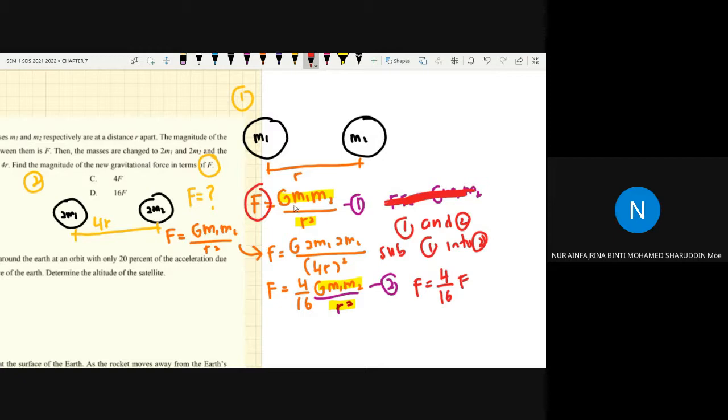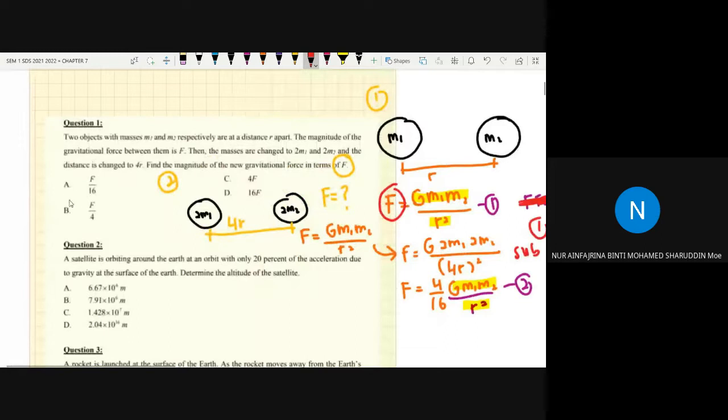Sebab Miss substitute 1 into 2. Nampak tak? F equals to GM1 M2 over R squared. And yang ini kan ada GM1 M2 over R squared. Jadi 4 divided by 16 berapa? 1 over 4. So jawapan dia adalah 1 over 4F, which is this one. Okay, boleh faham ke?